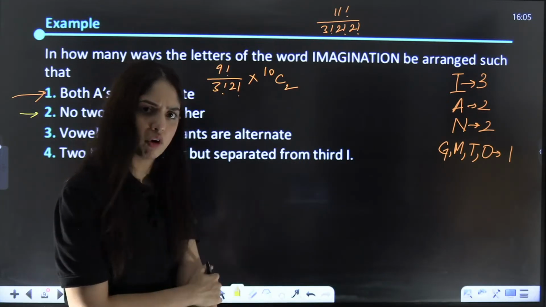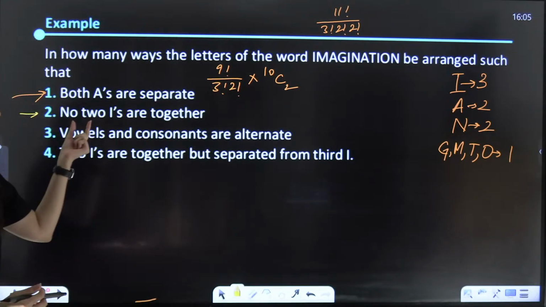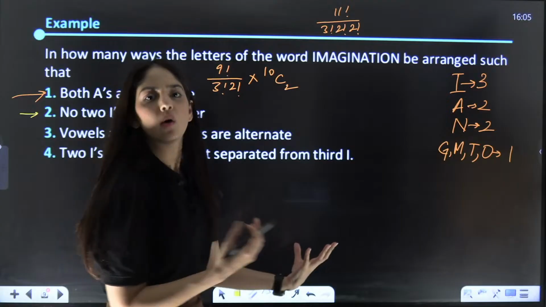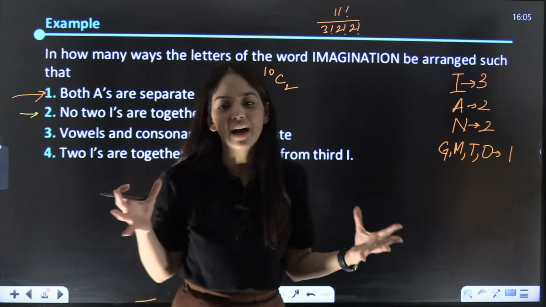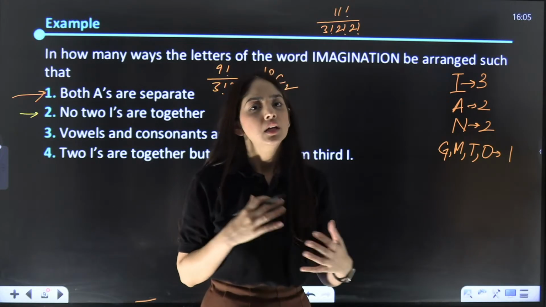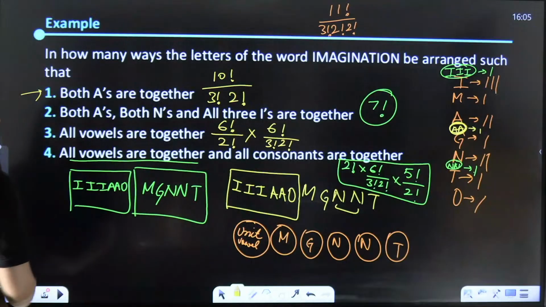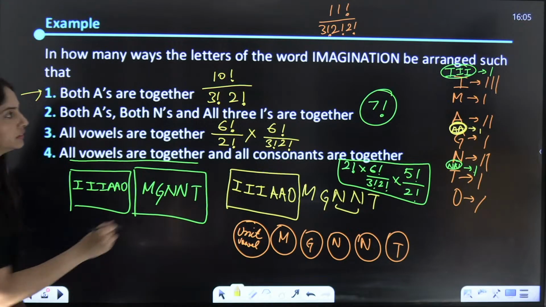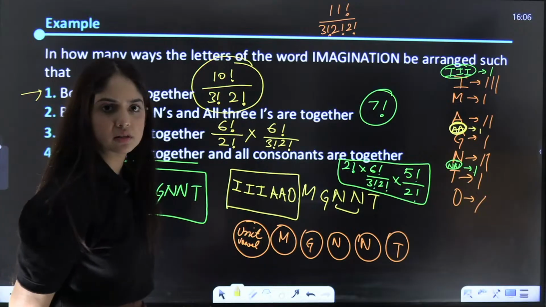Achha, before we move on, both A's can either be separate or can be together. There's no other option, right? The 2 A's can either have some letters between them or they will not have any letters between them. We had earlier counted, when both A's were together, this was the total number of cases possible.